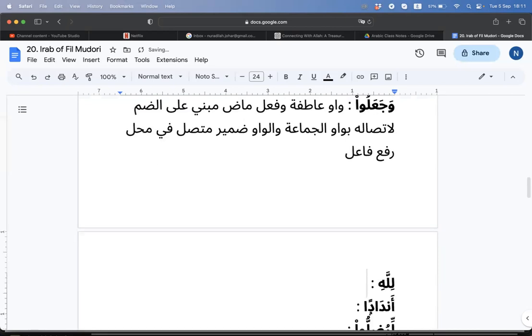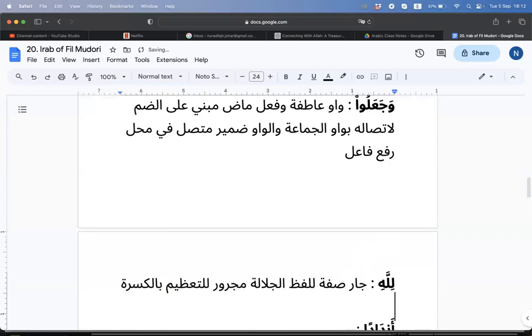And then lillahi. Li is harf of jar and lafzu jalala is majrur, majrur bil ta'zim bil kasrah, and the whole thing is going to be jar wa majrur, muta'alliq bil fi'il, which is ja'alu.